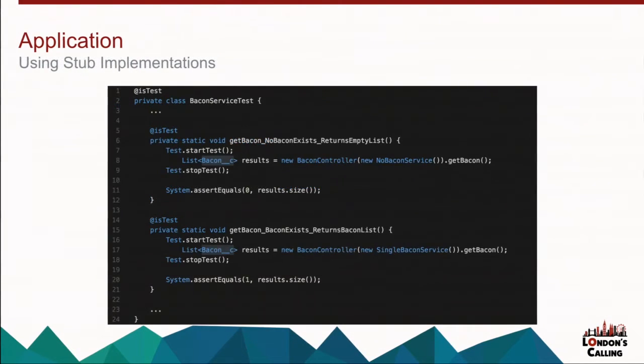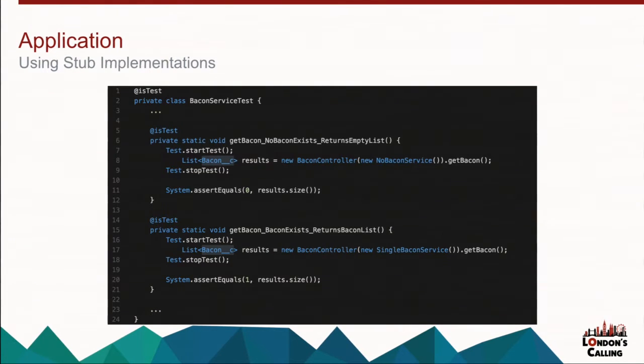Well, now that I've done the refactoring, where I can pass the different versions into the constructor, I can now actually use these stub implementations directly in the tests. Now, you'll see that both tests have changed ever so slightly. This one no longer inserts anything in the database, and this one obviously takes the no bacon service in the constructor. Now, why is this a good thing?